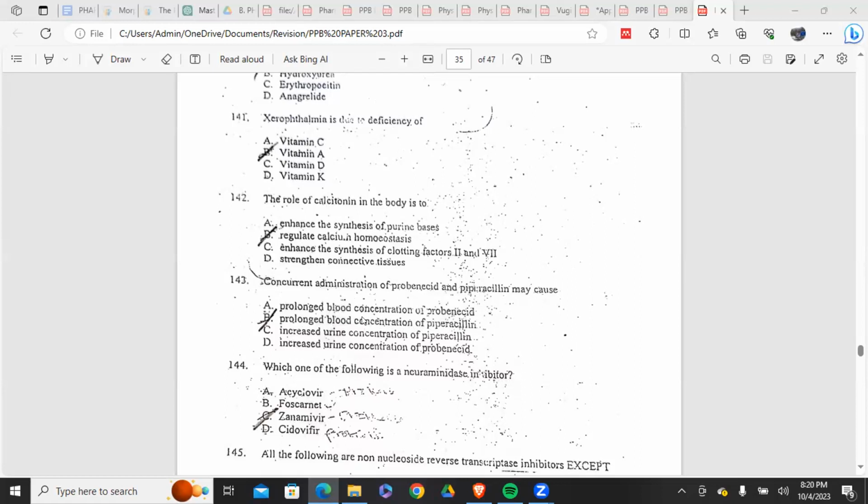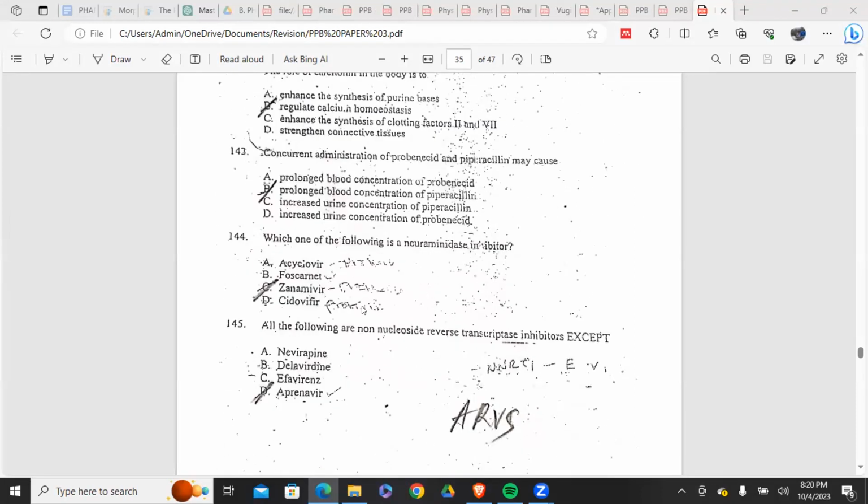And calcitonin is produced by C cells in the thyroid gland. Maybe it can help. Okay. Thank you. Which is a neuraminidase inhibitor: acyclovir, phosphonate, zanamivir, cidofovir. Now I've forgotten, people have gone through it.